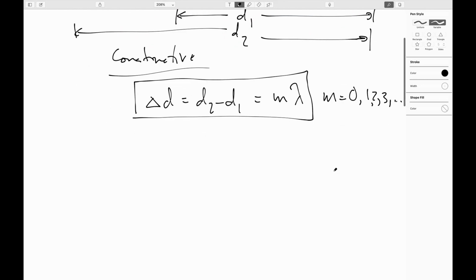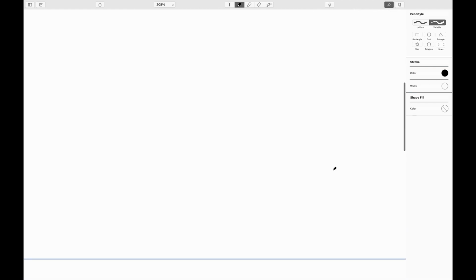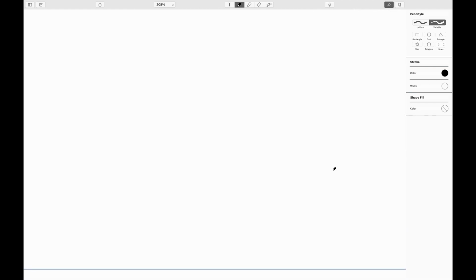All right, but let's say we wanted instead destructive interference. What would that look like? So here to have destructive interference, the big idea is going to be that we will want the crest of one to match up with the trough of the other.